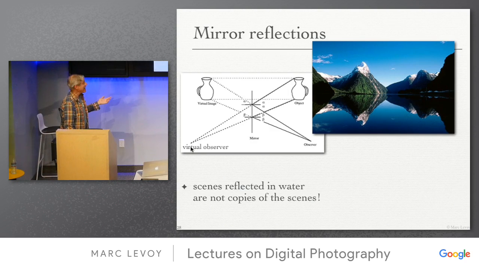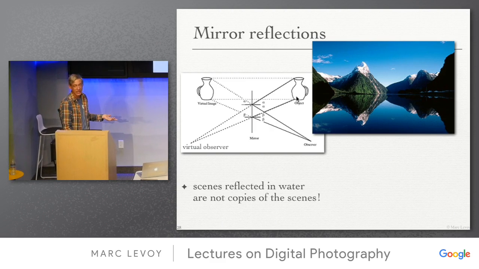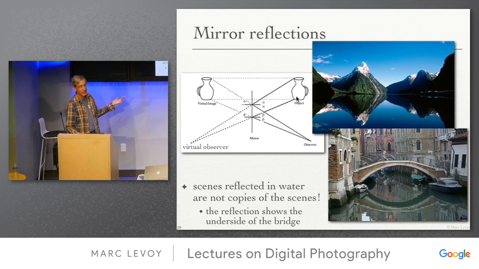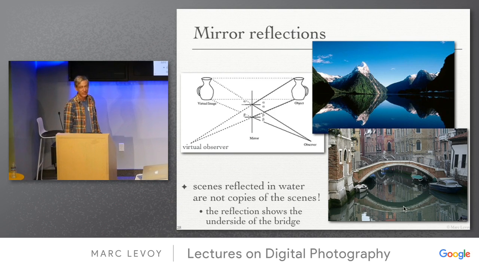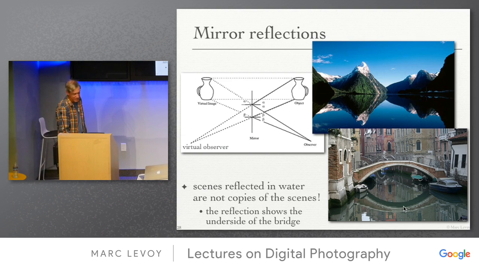So in a view where you'll see both the object and its reflection, the direct view would be this way. The virtual view, the reflected view would be this way. Obviously, they see different views of the object. You can't see that in Mitre Peak, but you can see it in many photographs. So the reflection shows the underside of the bridge. The direct view does not. So reflections of objects are not copies of the scenes.